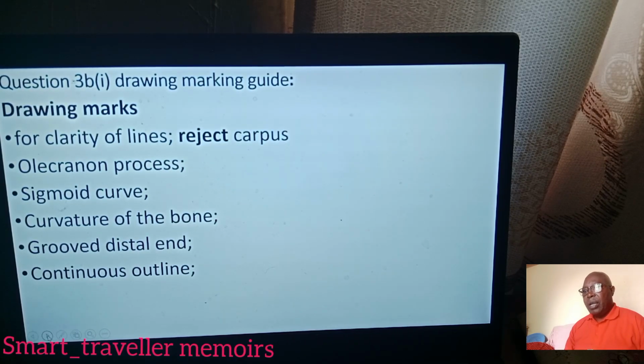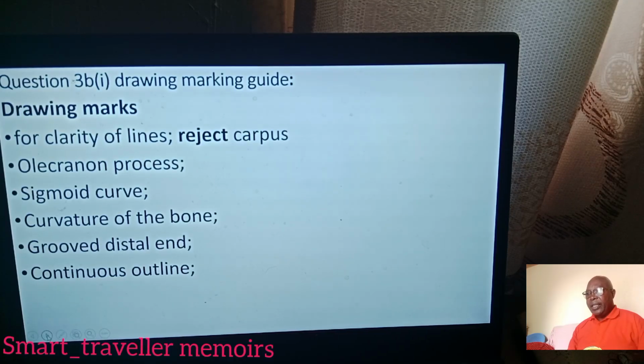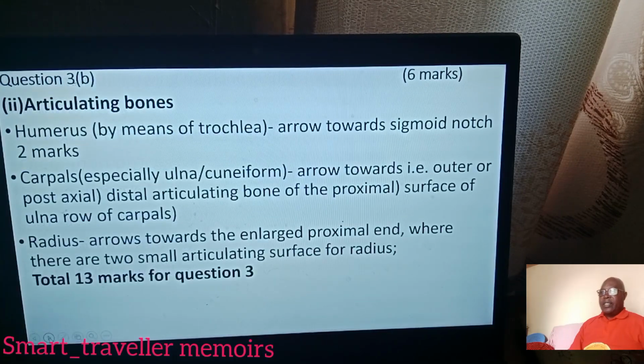So we are marking the olecranon process, sigmoid curve, curvature of the bone, grooved distal head, continuous outline. 1, 2, 3, 4, 5, 6.